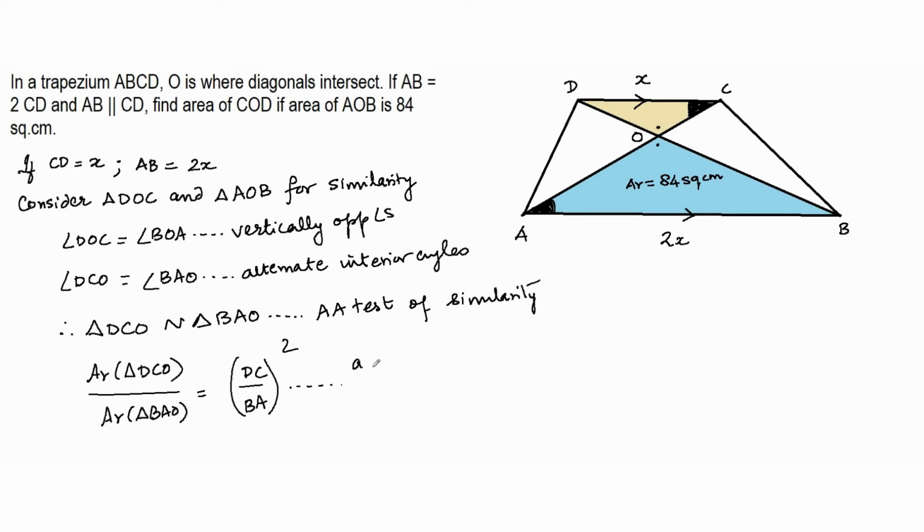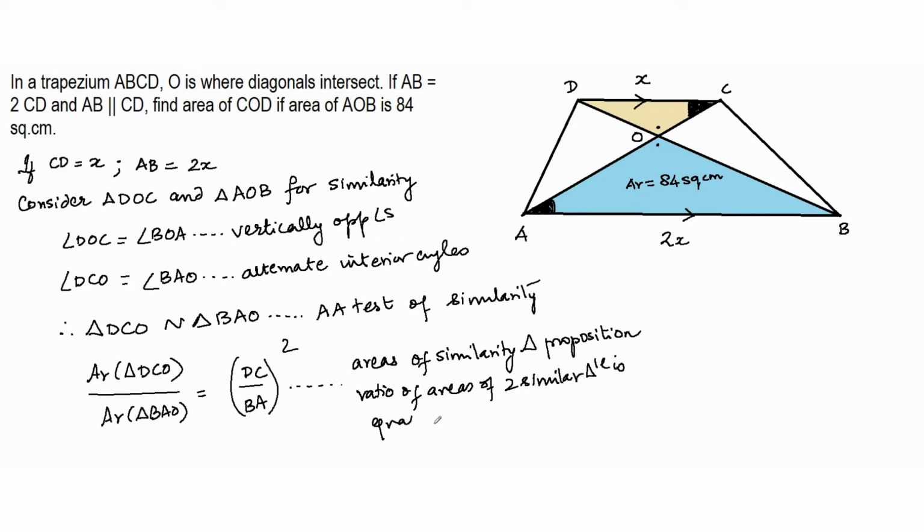The reason being the areas of similar triangles proposition, or you can also write the complete property saying that the ratio of areas of two similar triangles is equal to the square of the ratio of corresponding sides, right?